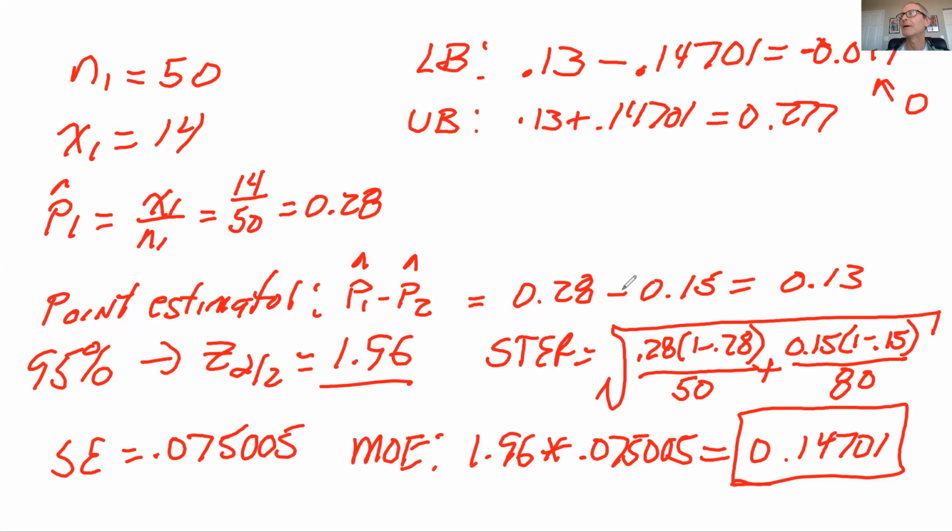And so when you do this calculation, it's kind of interesting that you do get these lower bounds that possibly could be negative. So when you do this calculation, you could say that you would have negative 0.017 and 0.277 with regards to the different bounds.